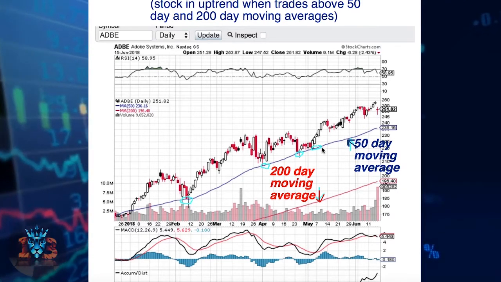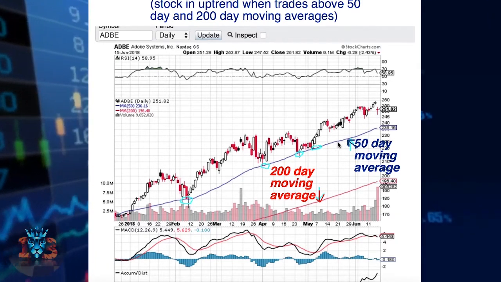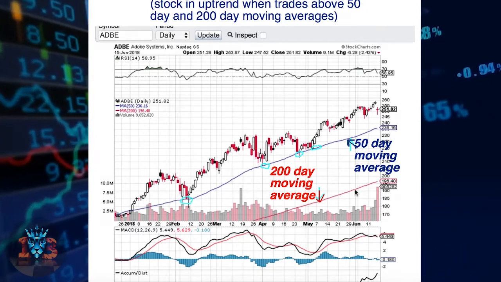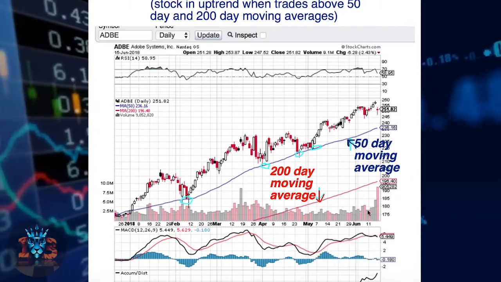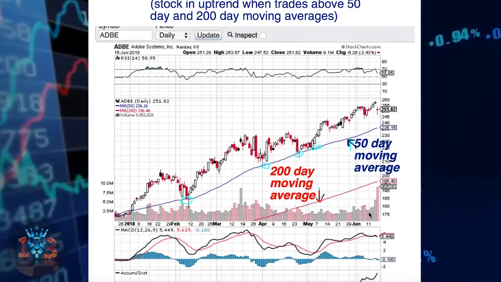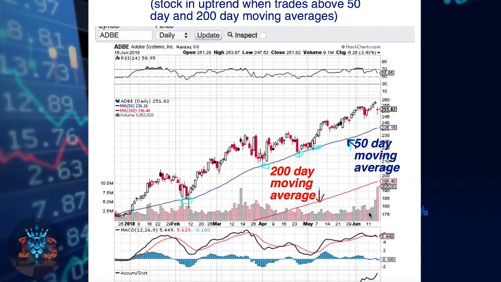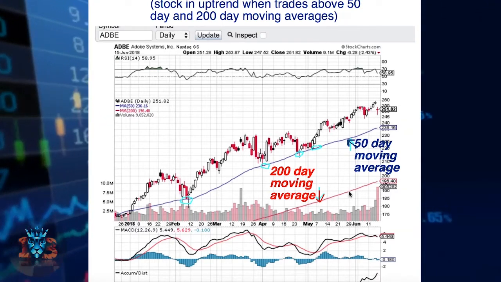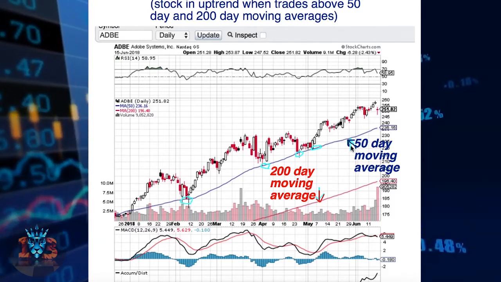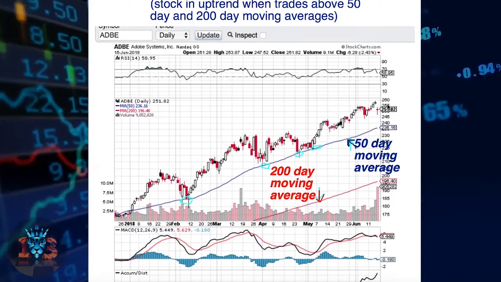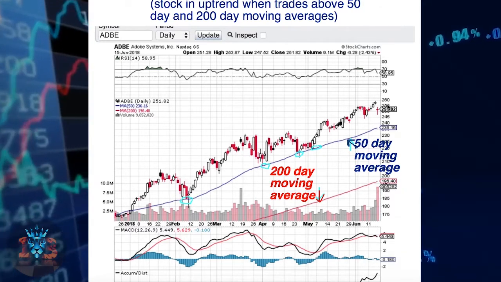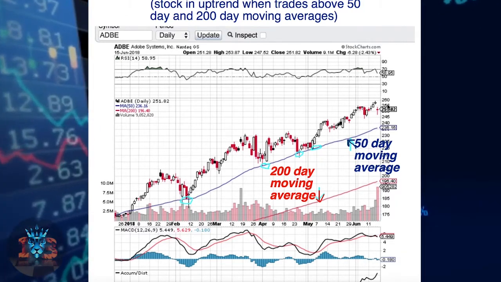Very important, if the 50-day moving average line is above the 200-day moving average line, which are just the averages of the prices of that stock over 50 days and over 200 days, so if the stock is trading above the 200 and above the 50, then clearly it's in a definite uptrend.